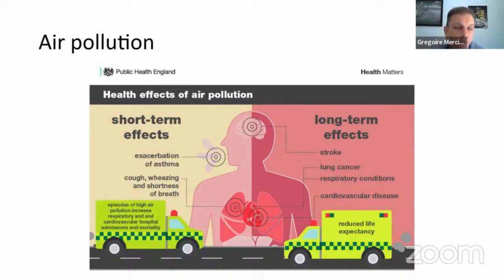And to put it simple, if you combine these short and long-term effects on the population, you come up with a reduced life expectancy, and that's the bottom line of this slide. So air pollution is associated, and there is now also a clear scientific consensus on the fact that there is a negative effect of air pollution on longevity and life expectancy.